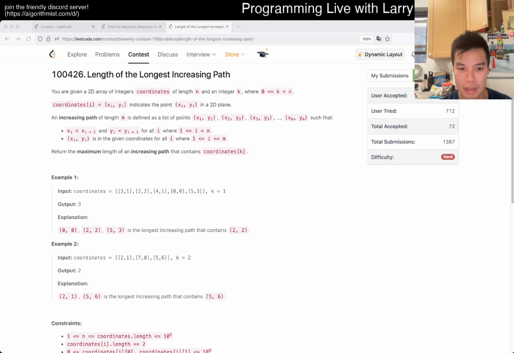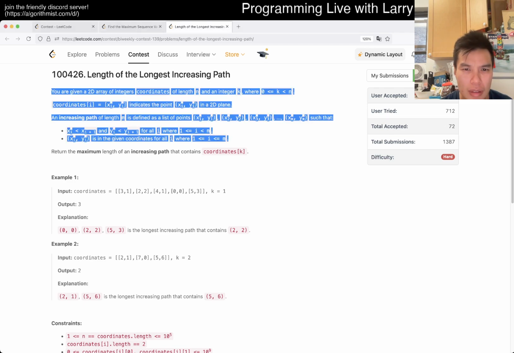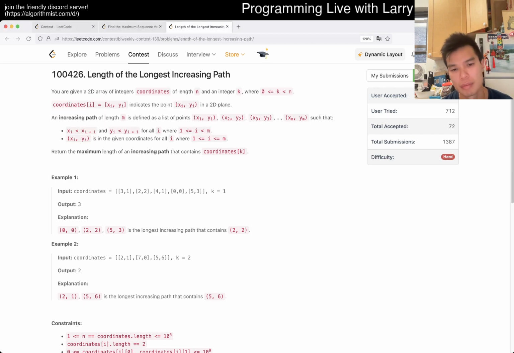I remember doing that. I think I've done this problem like a decade ago. N square is trivial, but.